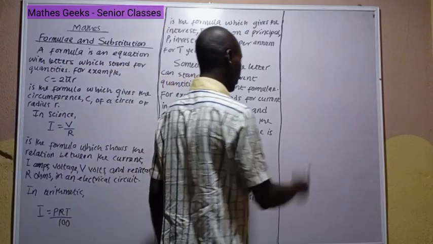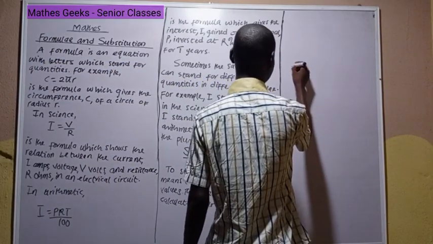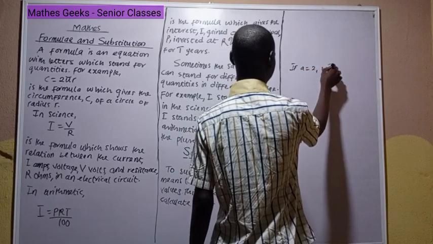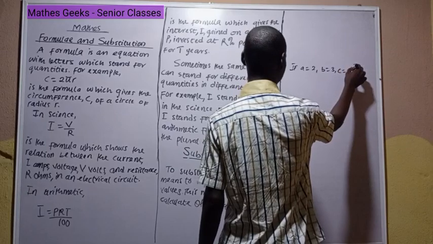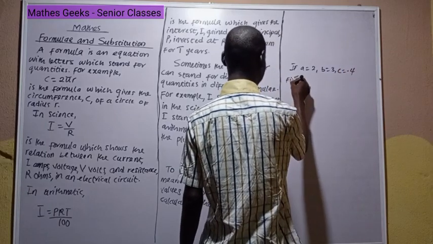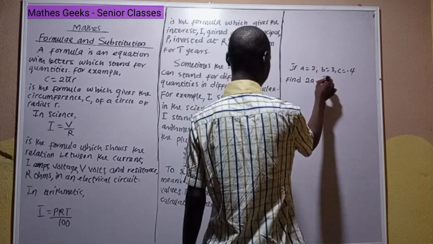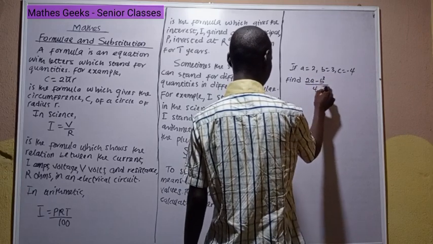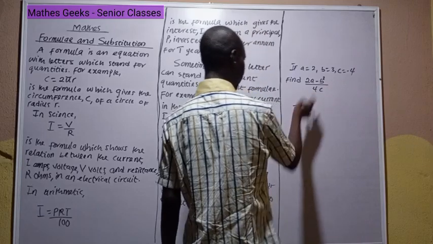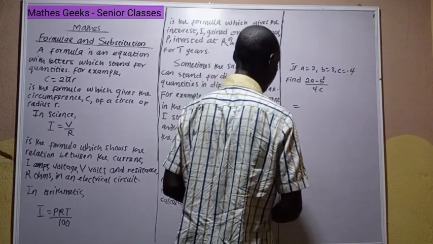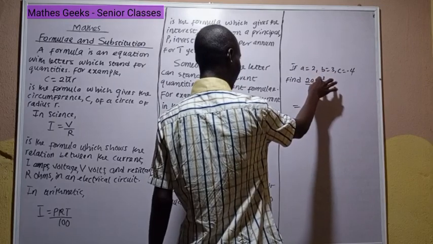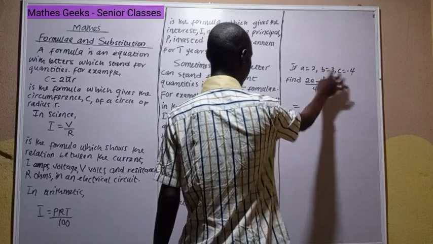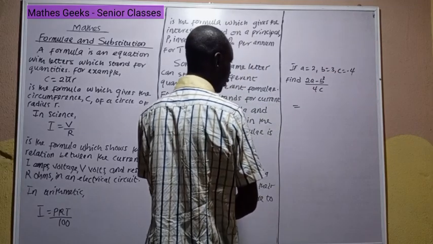So most times substitution comes in this form: say that if A is equal to 2, B is equal to 3, C is equal to minus 4, find 2A minus B raised to power 3 over 4C. So what it implies is that we simply substitute or replace these letters by the values given or assigned to each letter.